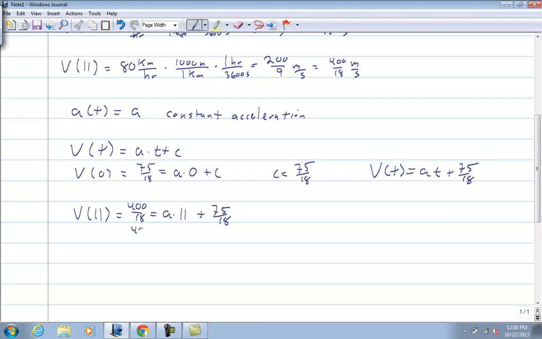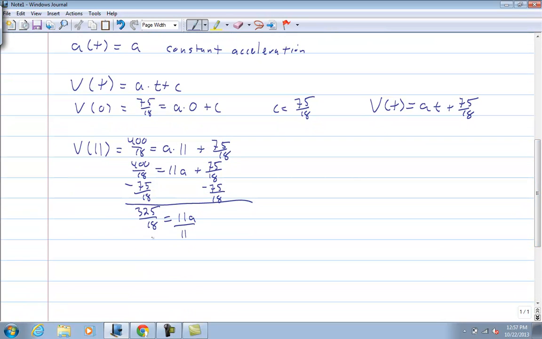So what this says is 400 over 18 equals 11a plus 75 over 18. And then we can subtract 75 eighteenths from both sides. And we get 325 over 18 equals 11a. And we can divide both sides by 11.